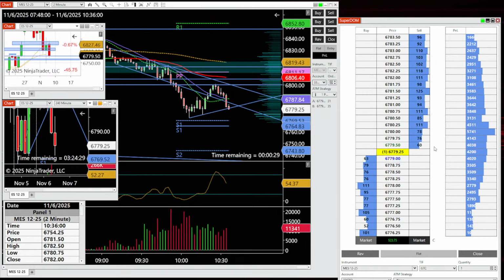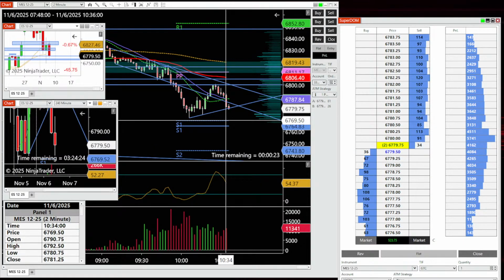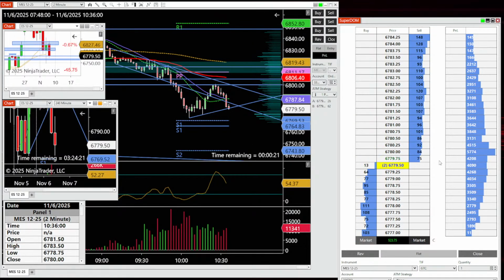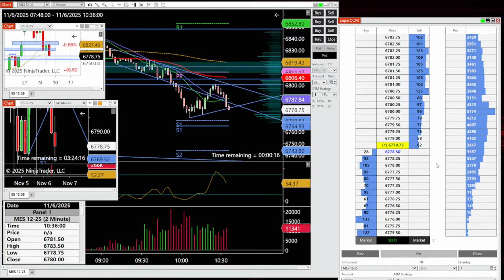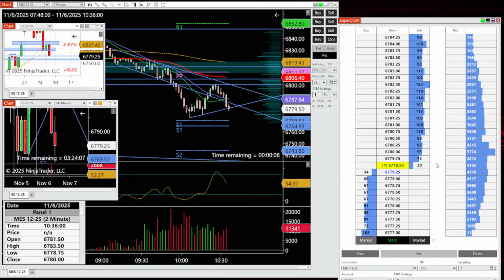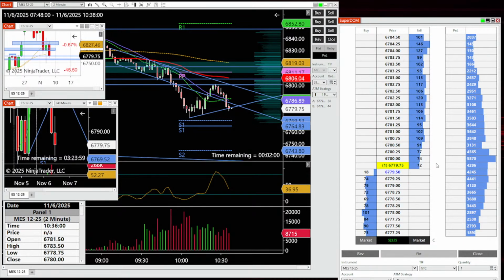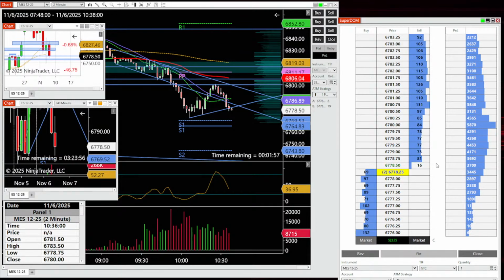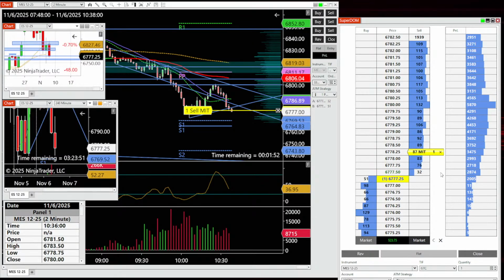See these pop backs. I don't want to get caught in one of these, even though it looks like it can go. We got to 70. But it may. I'm going to see if I can get it.